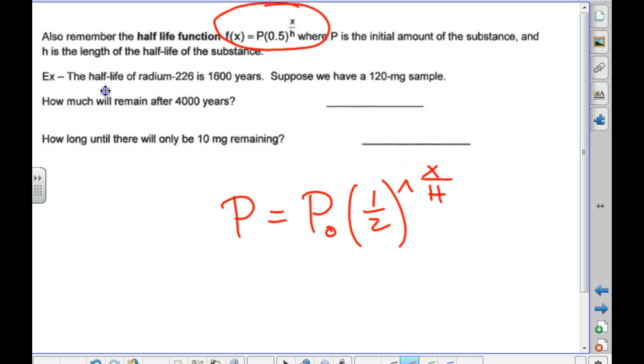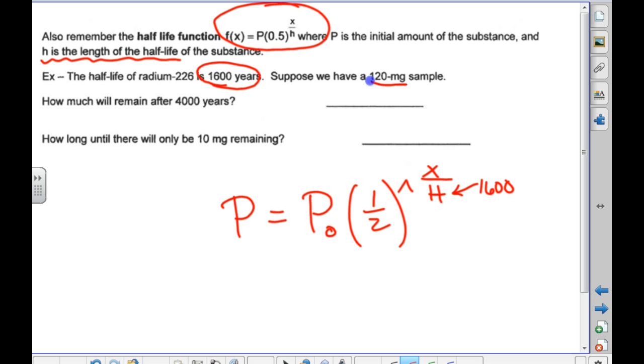So if we have radium-226, and that number is just part of the name, its half-life is 1,600 years. Where's that gonna go? H is the length of the half-life, so that's gonna go here.